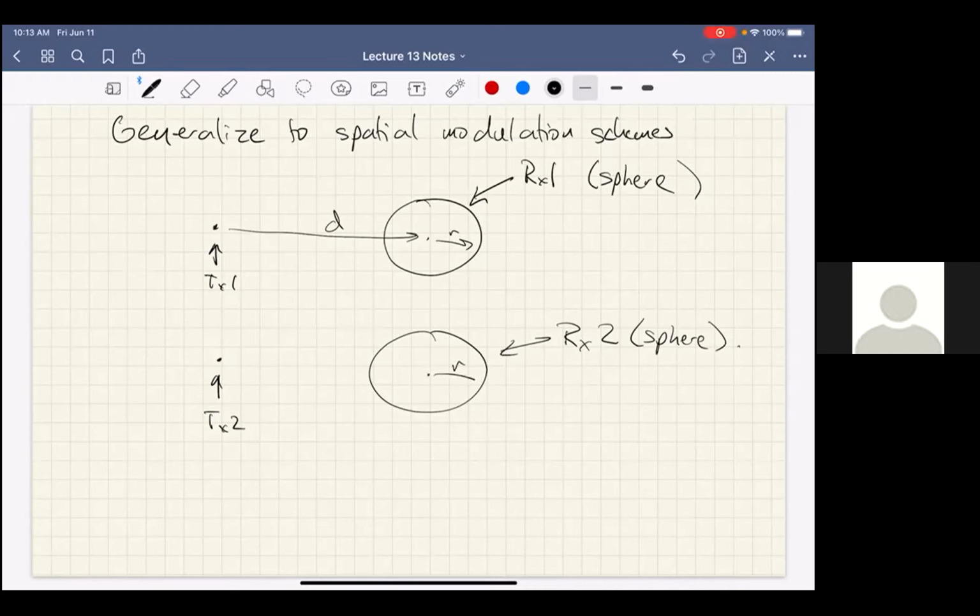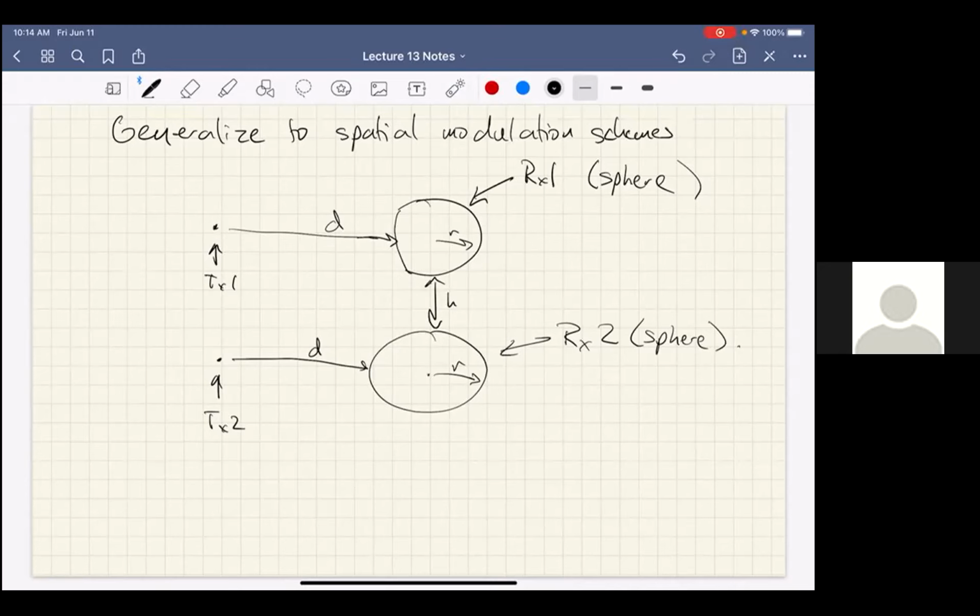Just for convenience, this distance will again, excuse me, that's not right. The distance isn't to the center, it's to the edge. Oops. And there will be a distance of h between the spherical boundaries.